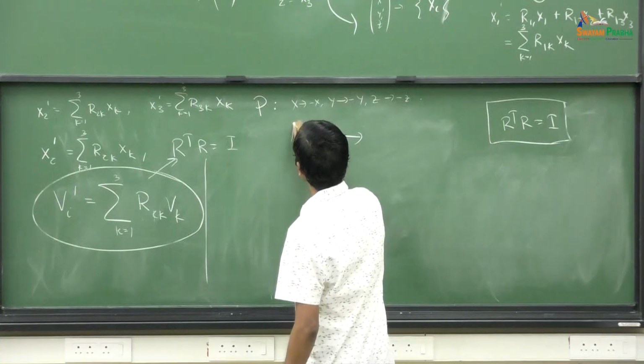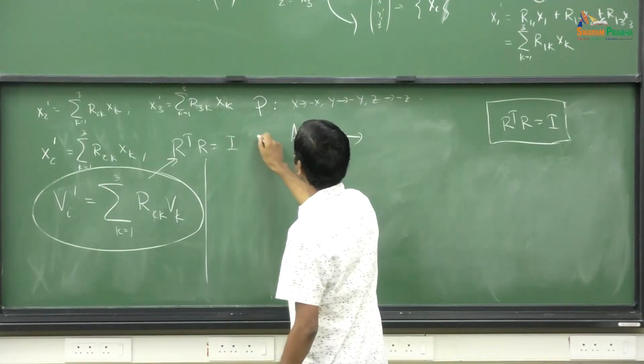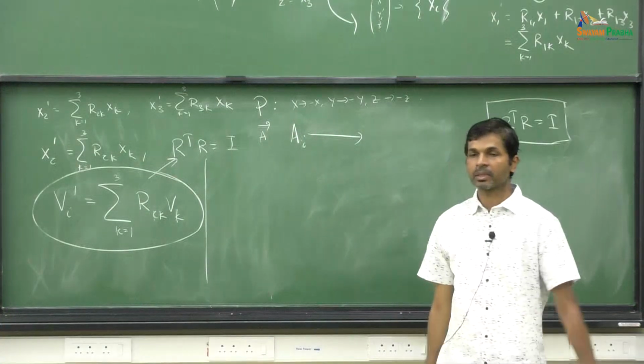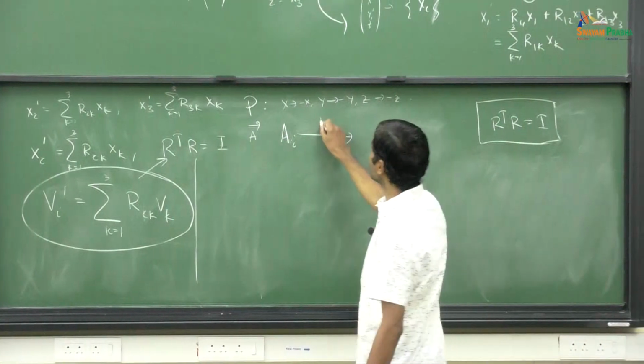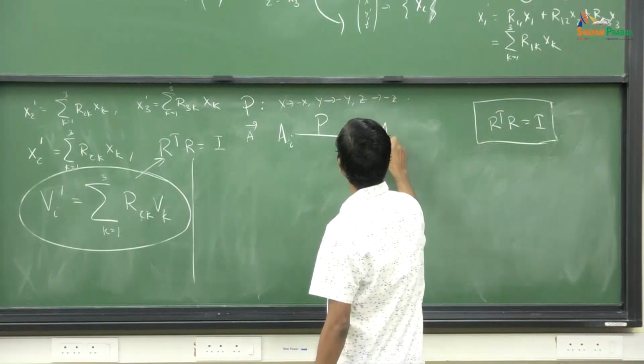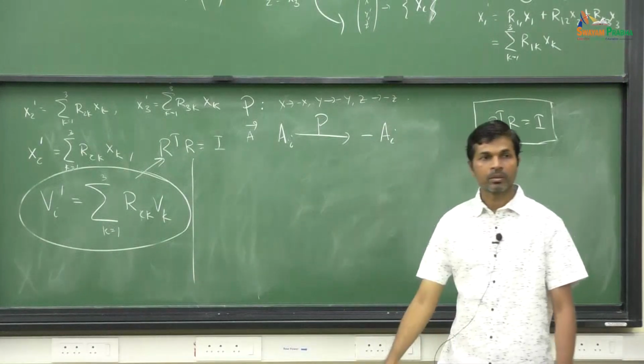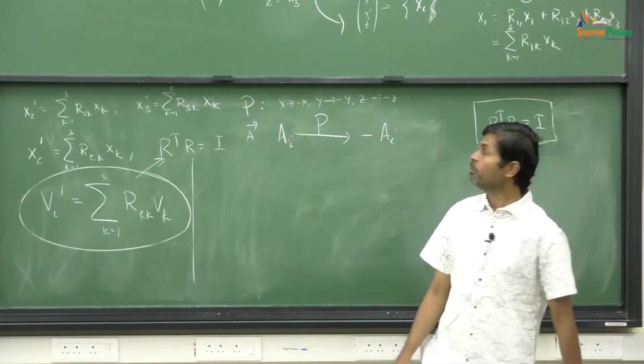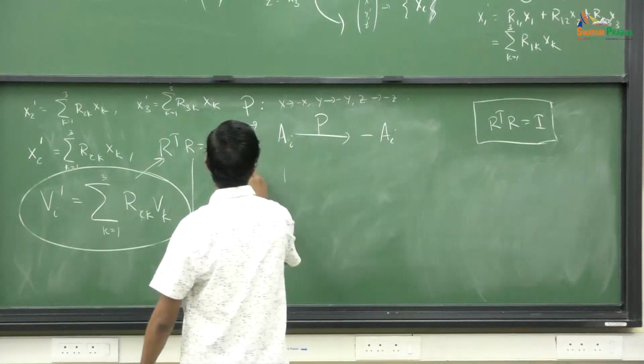Okay? And I will say, let us say A is a vector, Ai's are its components. Under parity transformation, they go to minus Ai. B is another vector.